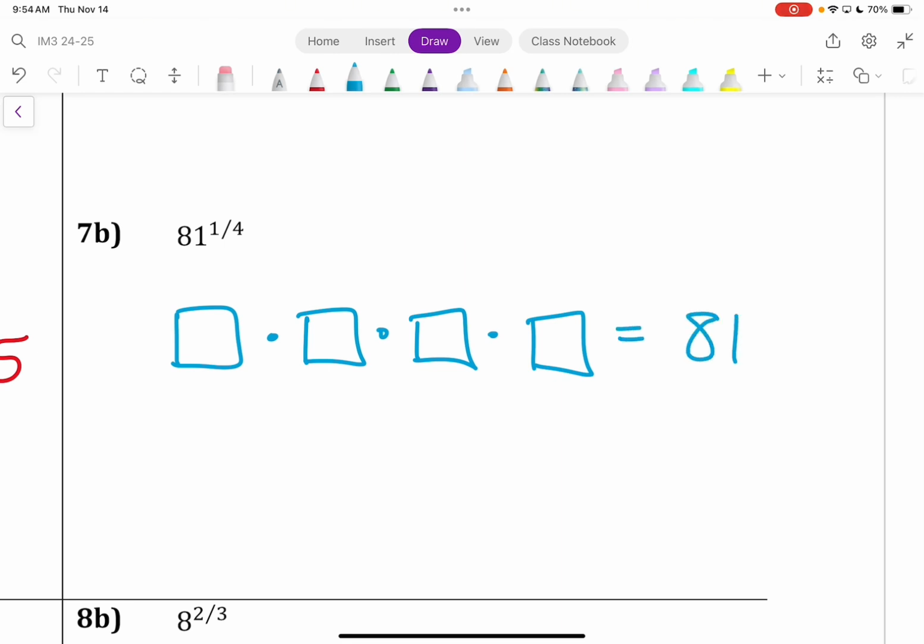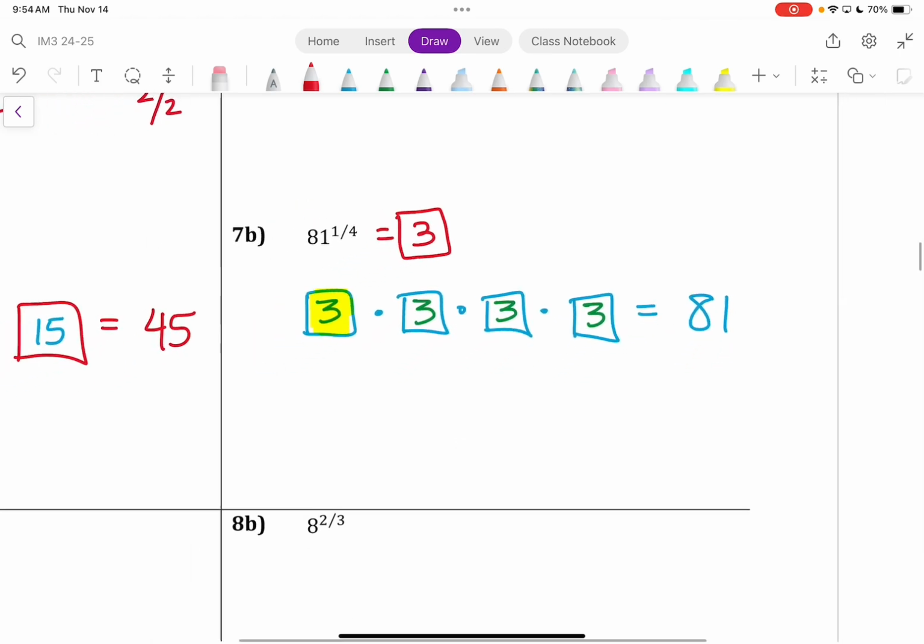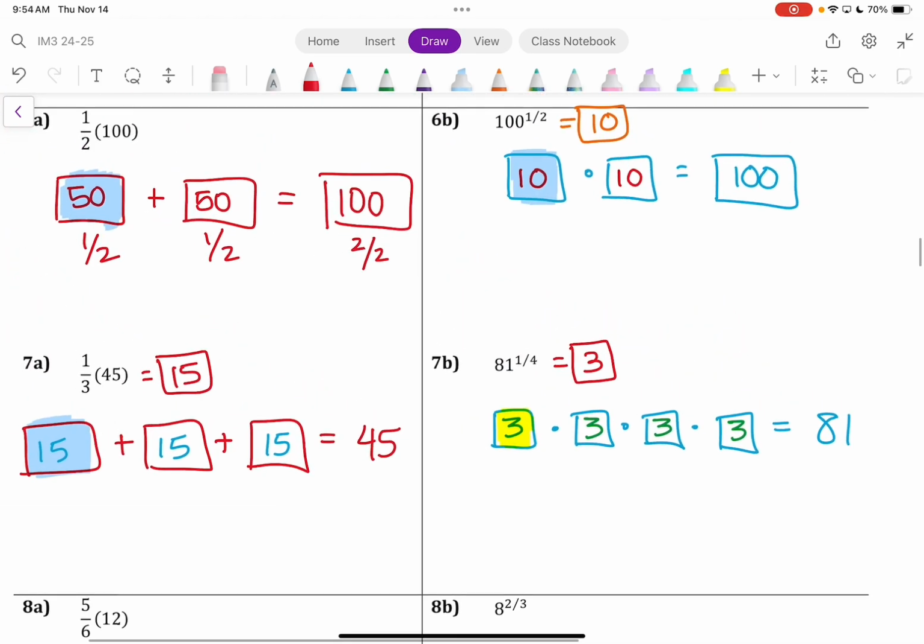Think about the number that multiplied by itself gives you 81. 3, very good. So each group needs to have 3 so that when I multiply 3 by itself 4 times, I get 81. How many groups do you want, though? You only want one group. So 81 to the 1/4 power is equal to 3. That's your solution. Okay?